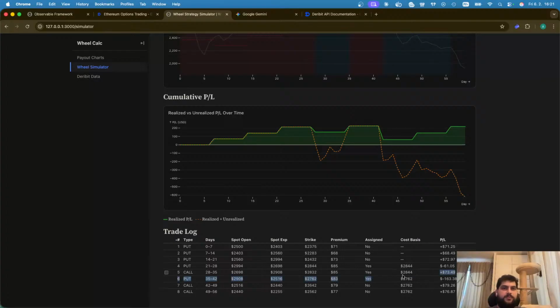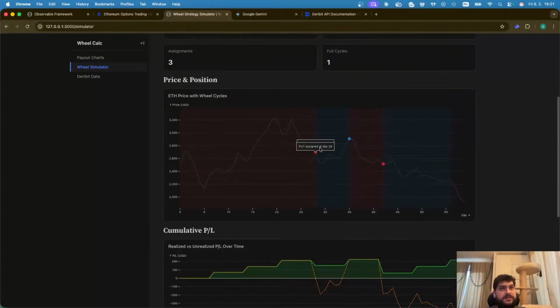So when we assign put, we just get the price, and then we use it. So here we got assigned at the put at this price. Then the next assignment was on a call, and it was on higher strike price.